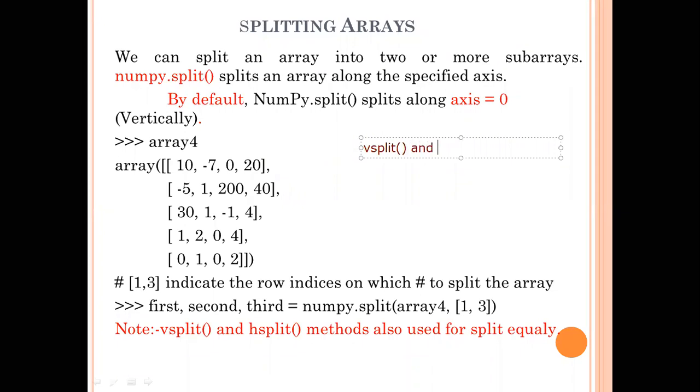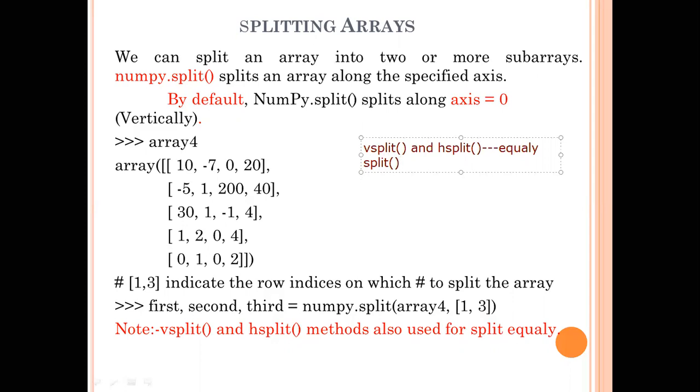V means vertical split and h means horizontal split. They will be used when we have to divide the array into equal parts. If we want to divide arrays into unequal parts, then we prefer to use split.